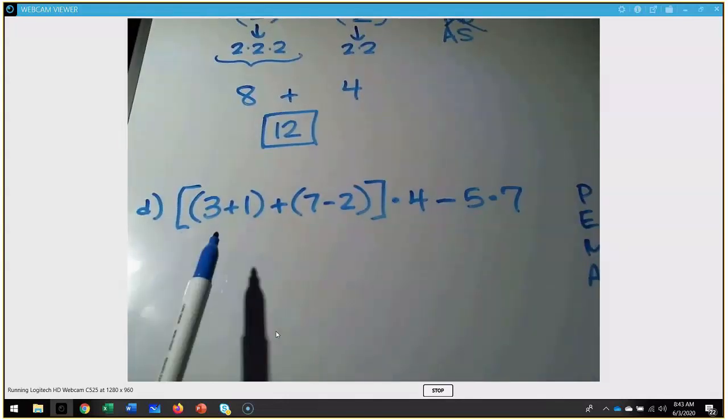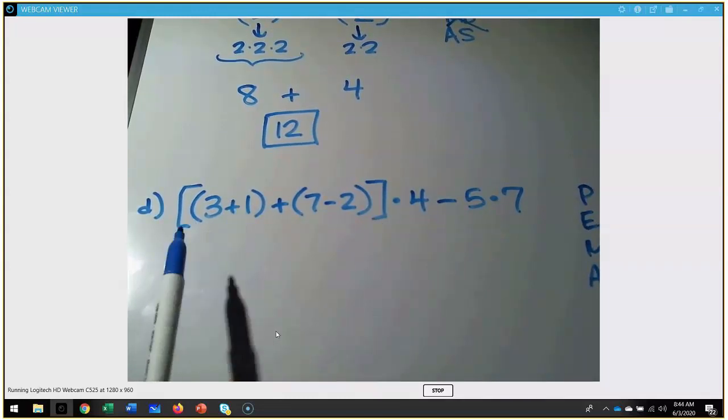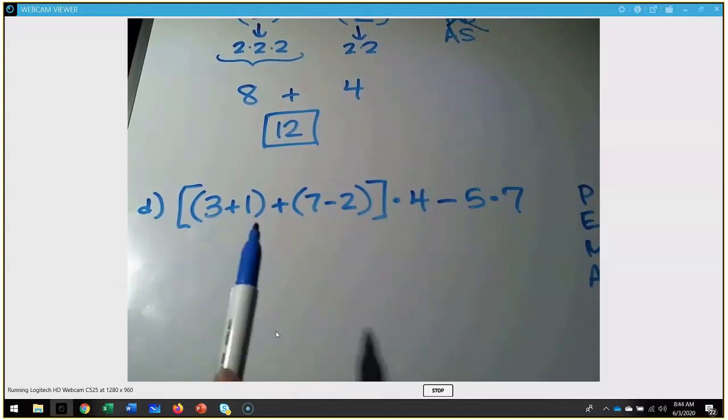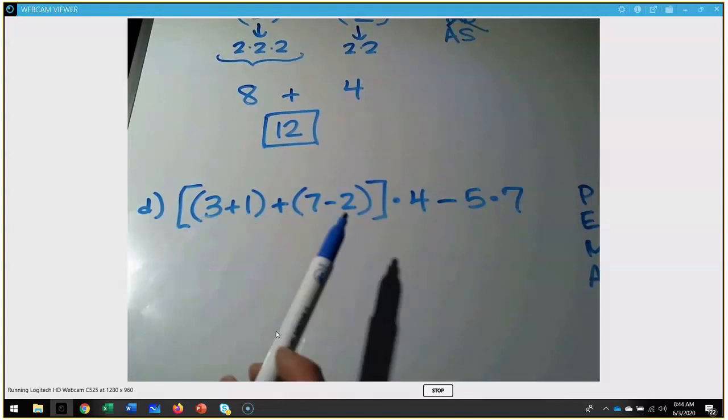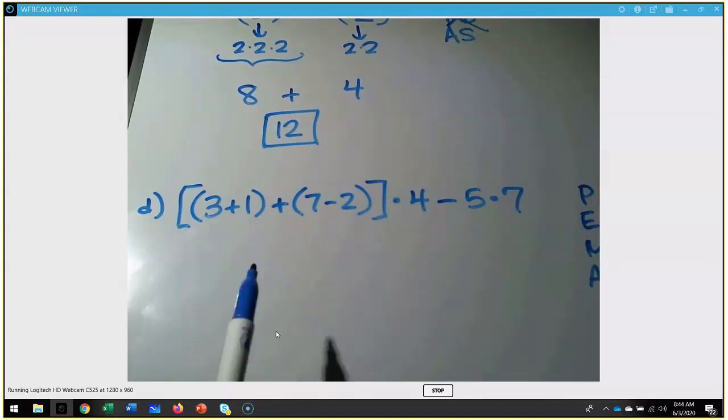Something to start with that we haven't talked about yet is what in the world are these squared off looking things? Those are called brackets, and they're just a different way of writing parentheses. They use different types to try to show you clearly which ones are supposed to go together.